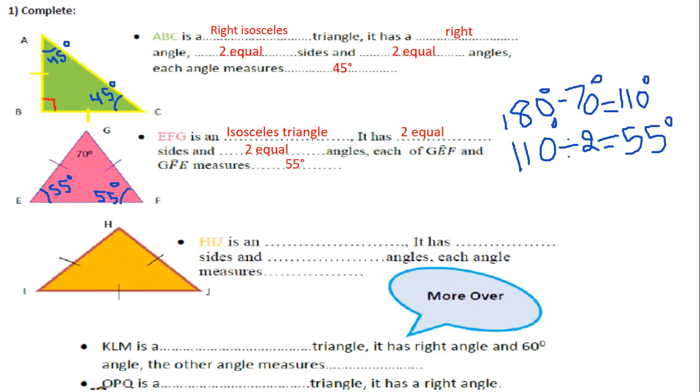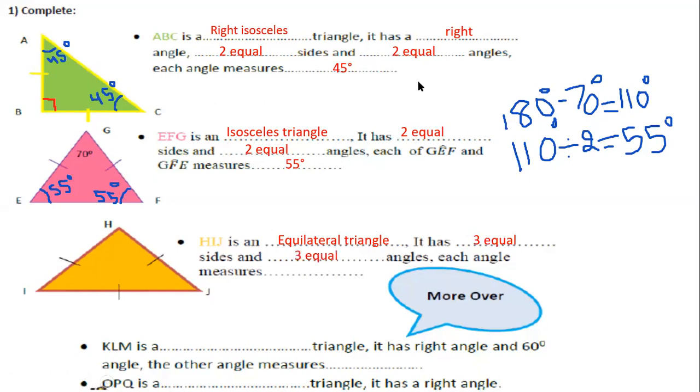Which triangle has 3 equal sides? Equilateral. So HIJ is an equilateral triangle since it has 3 equal sides and it also has 3 equal angles.